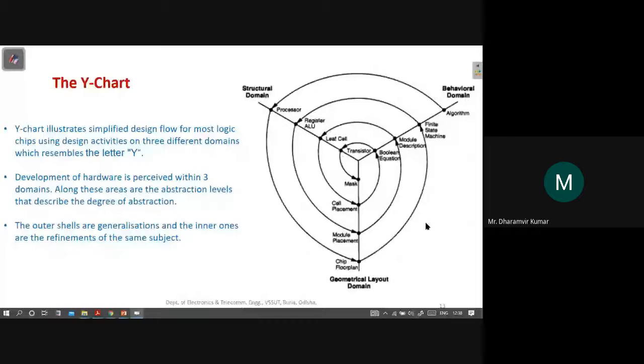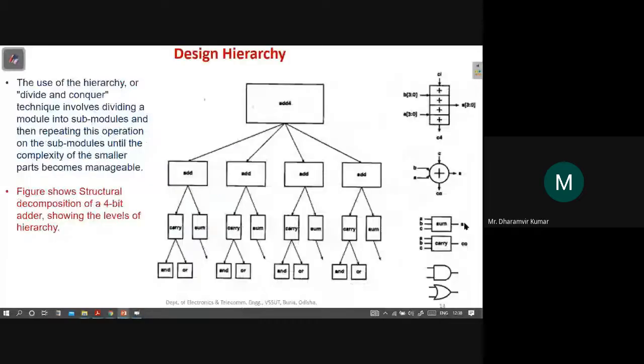Then the design hierarchy also. The concept is divide and conquer. The thing is to divide a big complex design into smaller parts and even smaller parts, until the parts become easier to manage, easier to design, and then we combine those parts properly to get the final structure ultimately. So this was the concept.